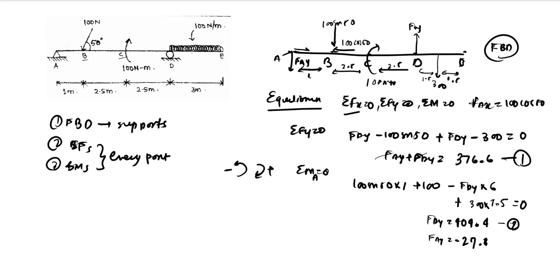This is FAX. So we have calculated FAY as minus 27.8, and FDY as 404.4.